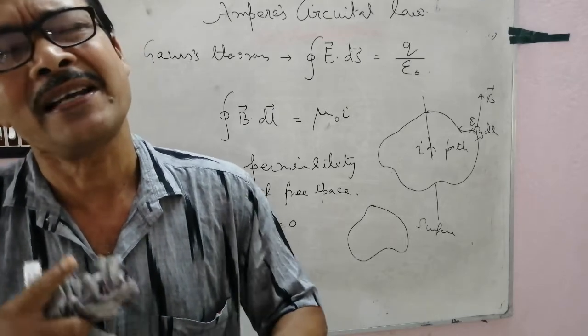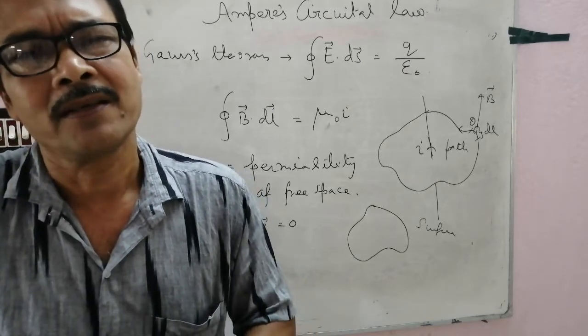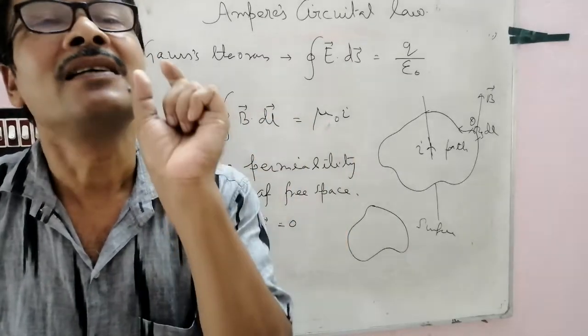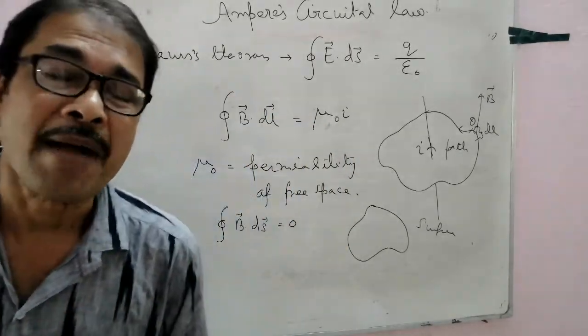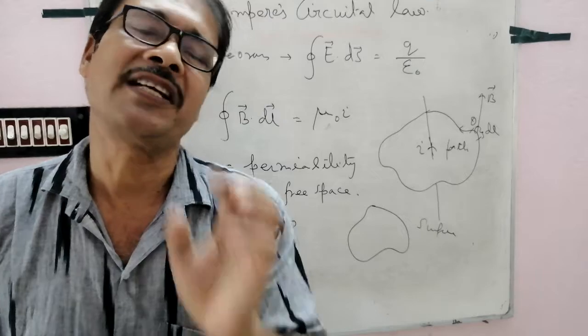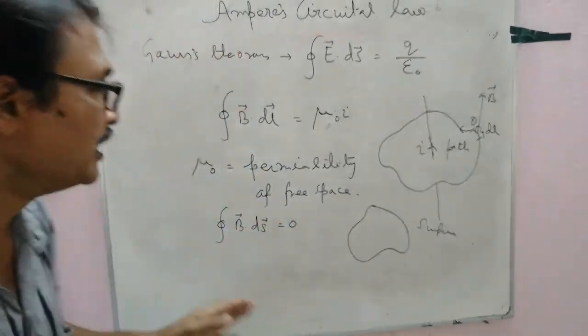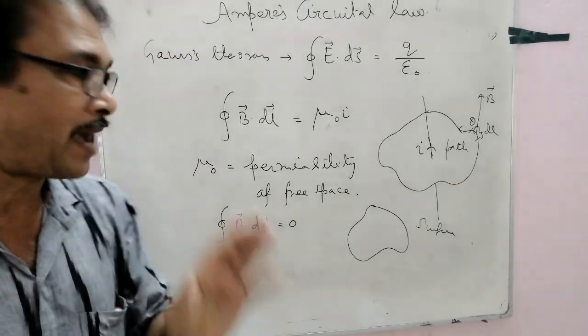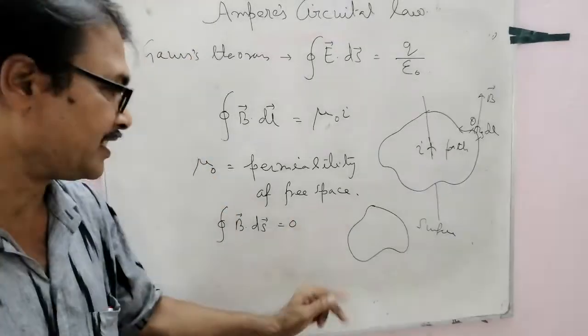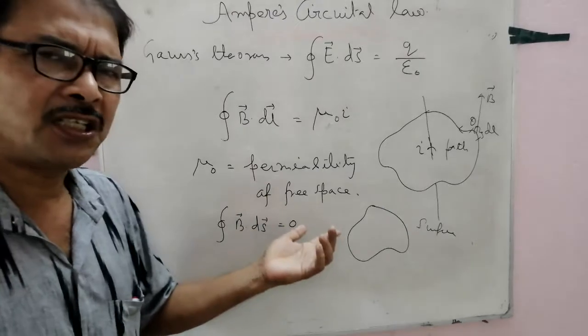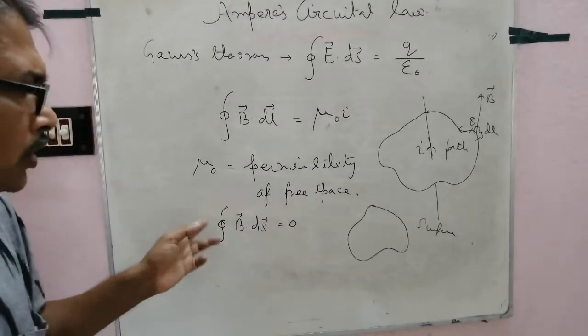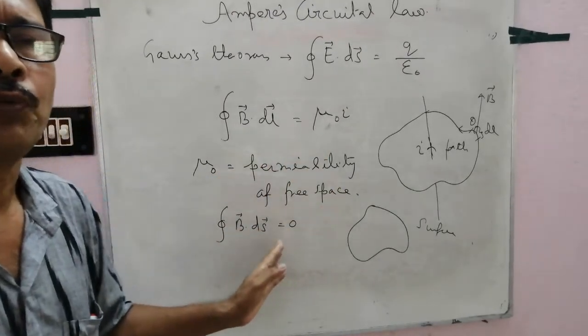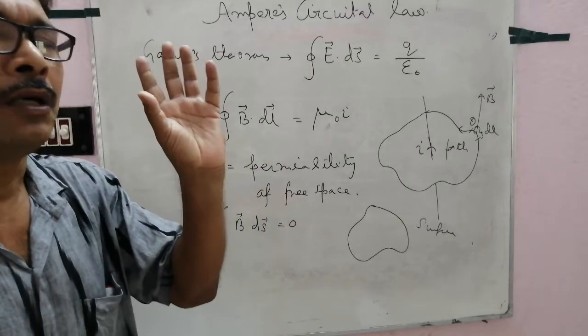If we cut a magnet several times, each piece will be an independent magnet with a north pole and a south pole. There is no existence of an isolated magnetic pole. That is why B dot ds equals 0. Short question. Clear? There is no existence of an isolated north pole or south pole.